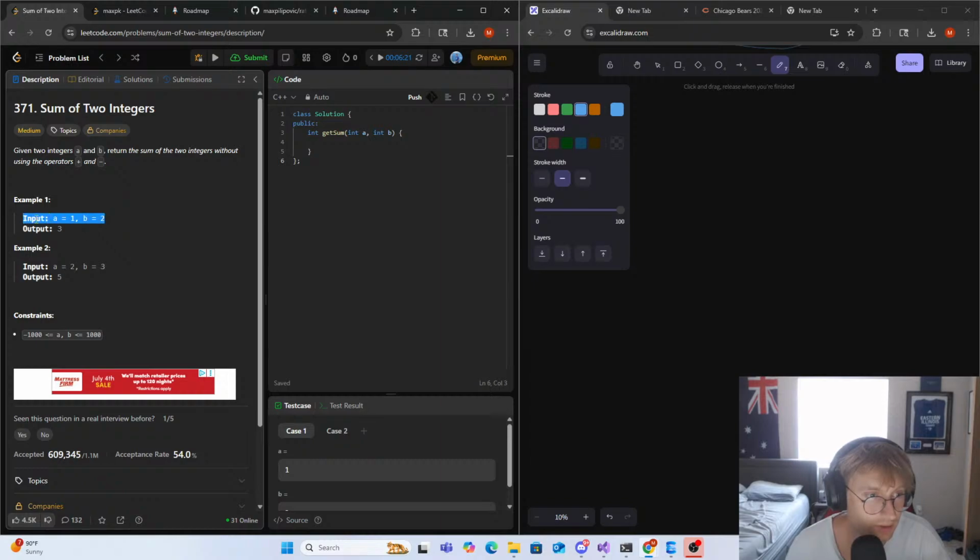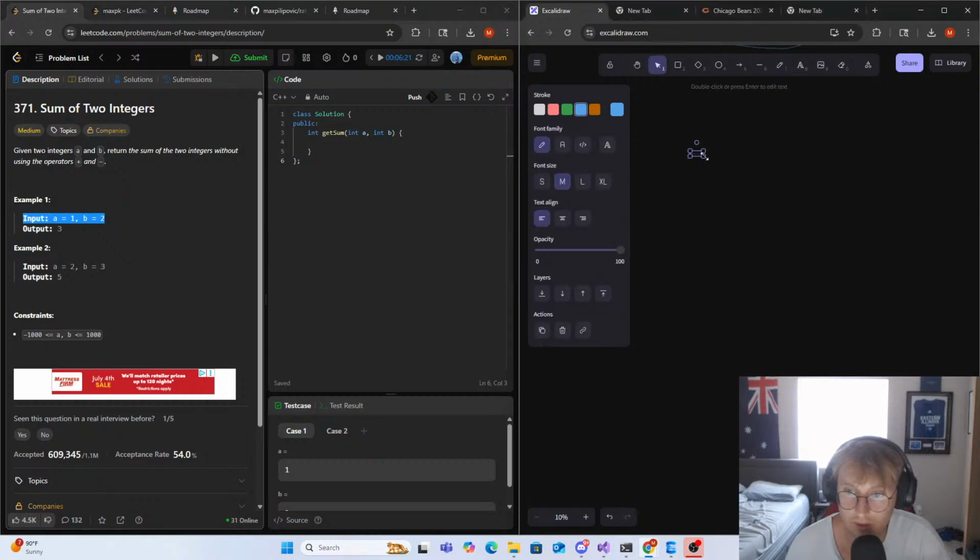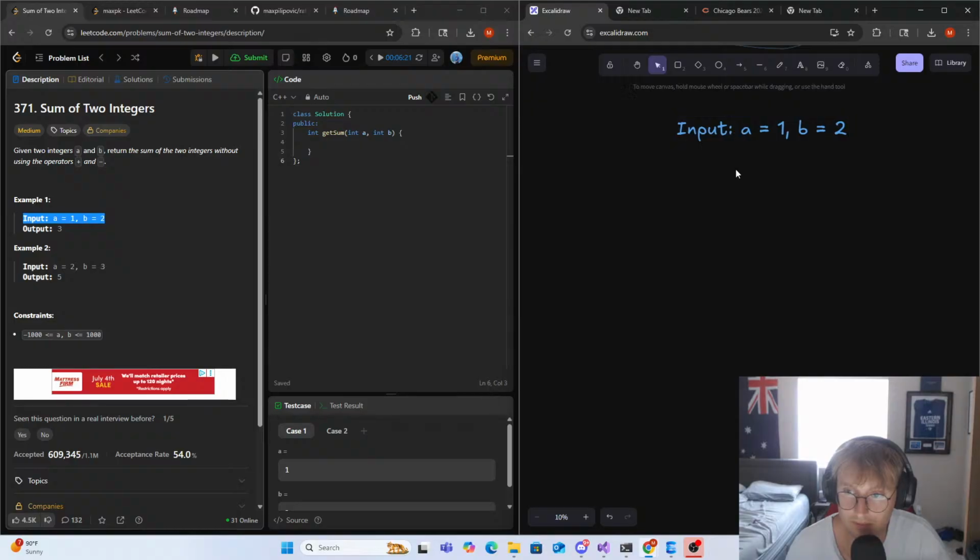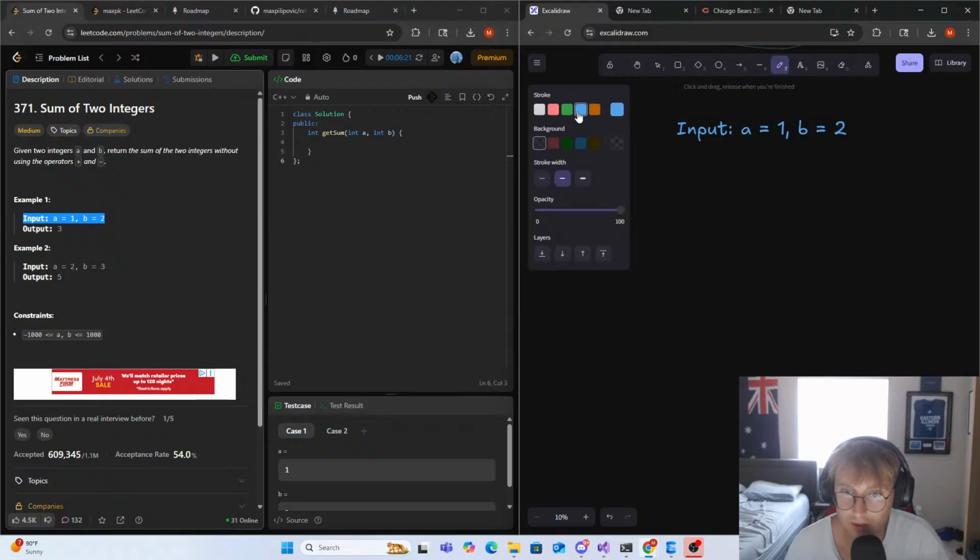So we're given A and B, and I guess we can draw the binary here. 1 would be 0, 0, 1, and then we have 0, 1, 0. This is possible, but what in the hell is this question?